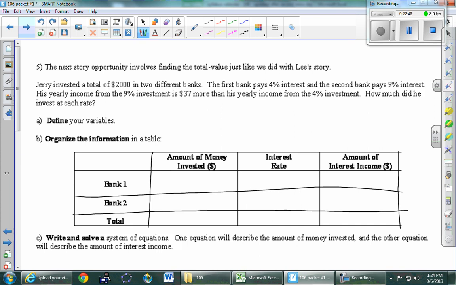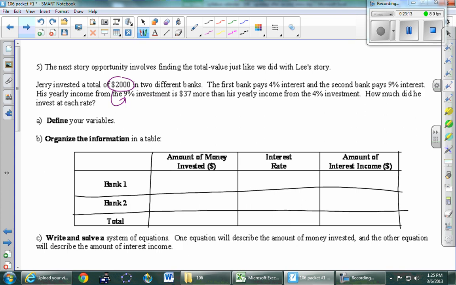Thank you. Okay, so again, thinking that trial and error is the most natural choice for some of us at this point, one way you could do it would be to take all $2,000 and invest it at the higher rate. Yes? Okay, so I could take all $2,000 and invest it at 9%. We can multiply those two numbers together. I think we get $180.